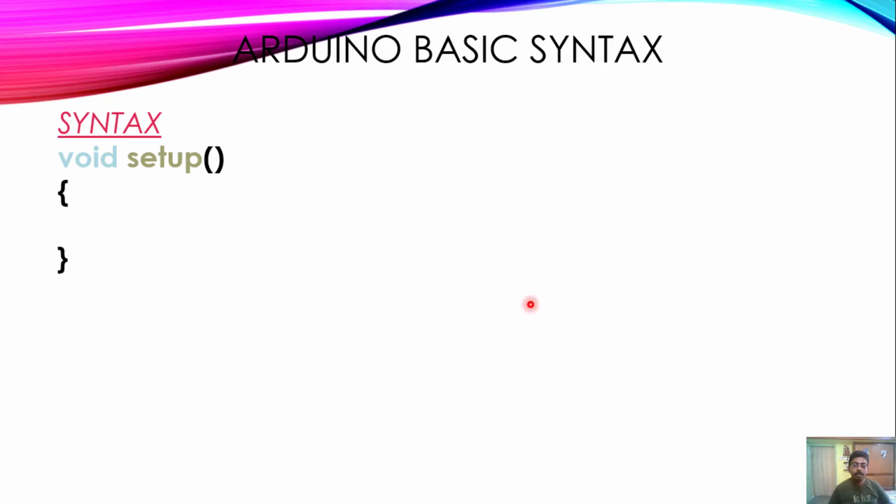For the basic syntax, we need to know what void setup is and what it does. Void setup is a function. This function will run only once when you turn on the Arduino. This function is used to declare some pin definitions and some constant variables at the starting time.